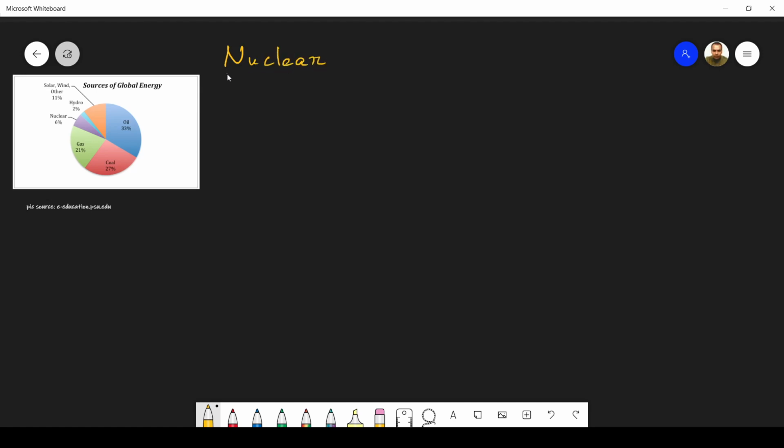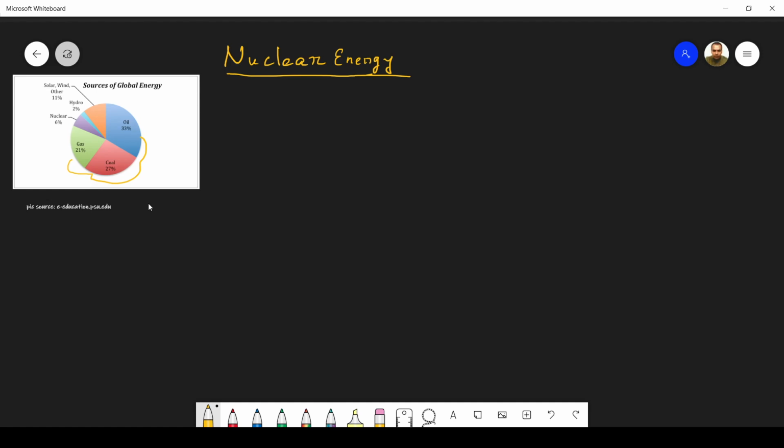How do we get nuclear energy? Nuclear energy is also a non-renewable source of energy. But is there any advantage of nuclear energy over other non-renewable resources? Other non-renewable resources are oil, coal, and gas.